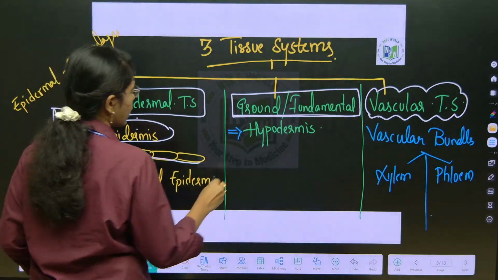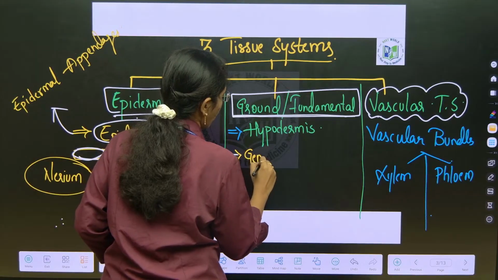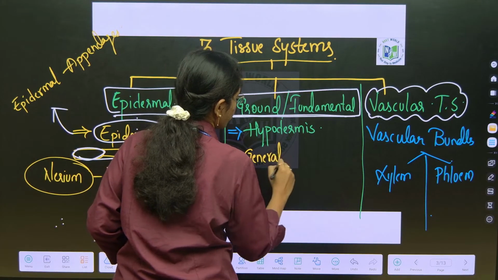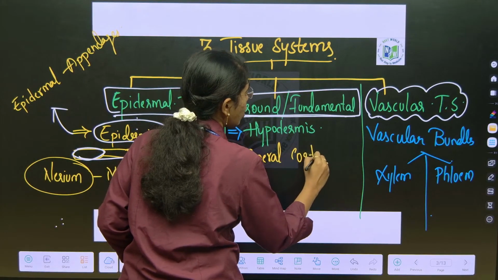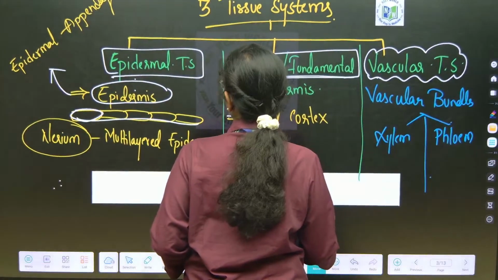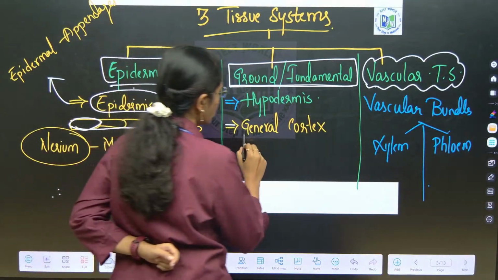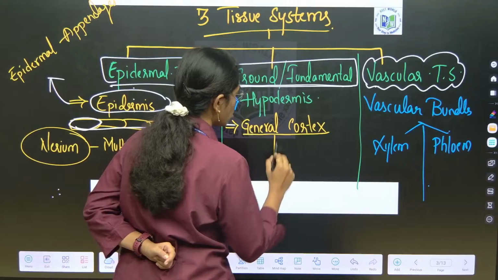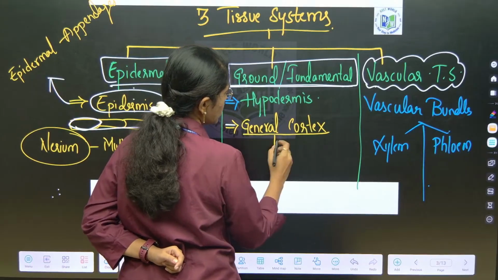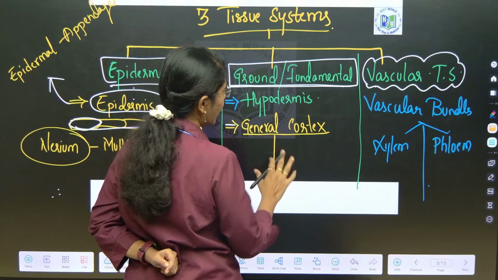The ground tissue system includes the general cortex. If it is in the shoot, the cortex region consists of hypodermis, general cortex layer and endodermis.